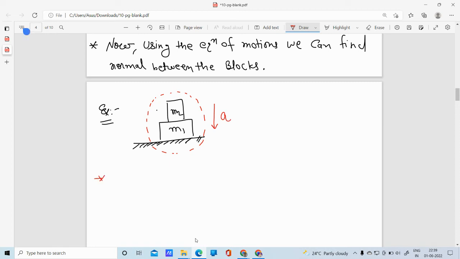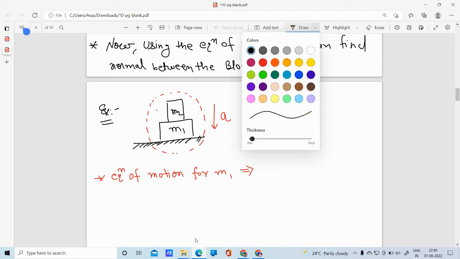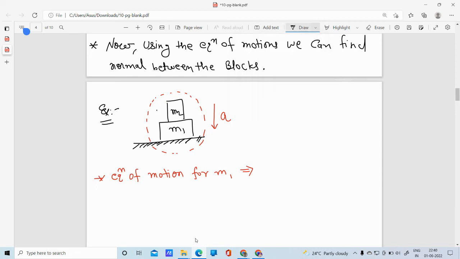Then we can find the equation of motion for M1, that is very simple. That is M1g plus N2 minus N1, which is equivalent to M1a. Clear? This is equation 1.